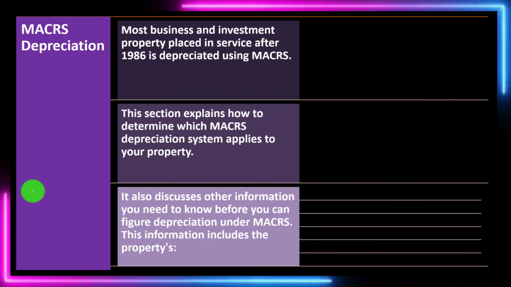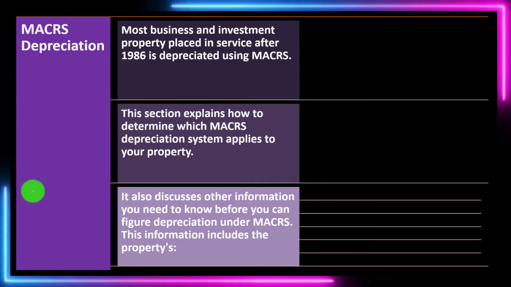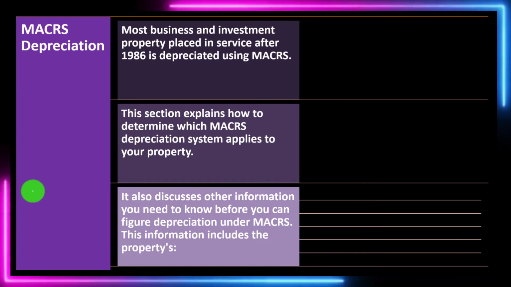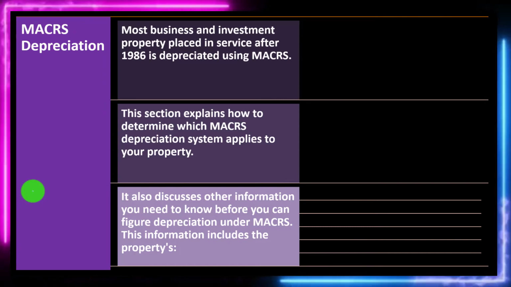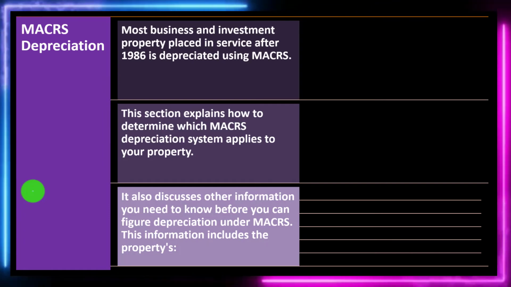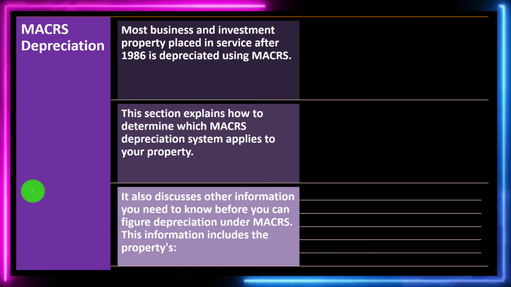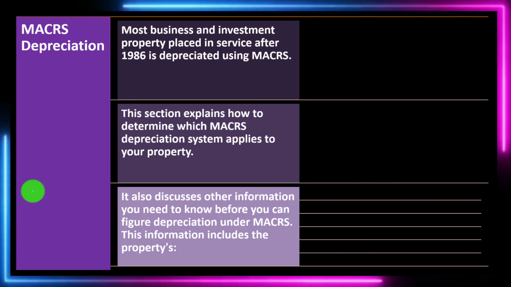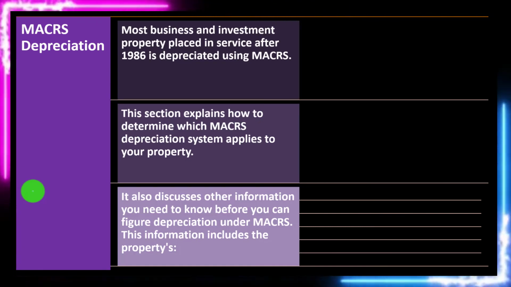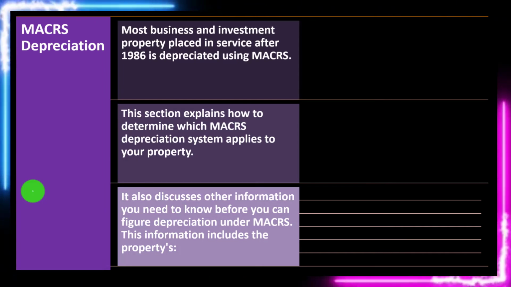So MACRS is like the normal method for many business properties, the kind of depreciation method that you're going to use. The tax code is more stringent than generally accepted accounting principles. They're going to try to have a system where your property falls into certain categories, and then you have the restricted options of determining how you're going to depreciate that property, often using the MACRS depreciation methods, which you can think of, most of the time, as like a double declining.